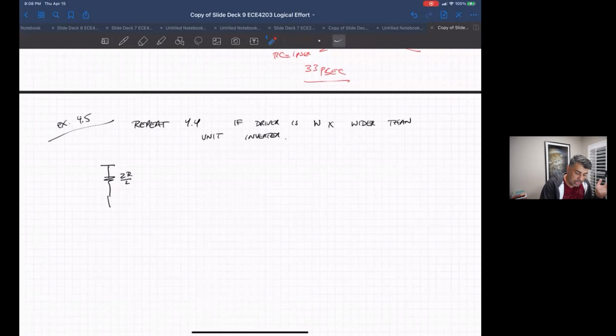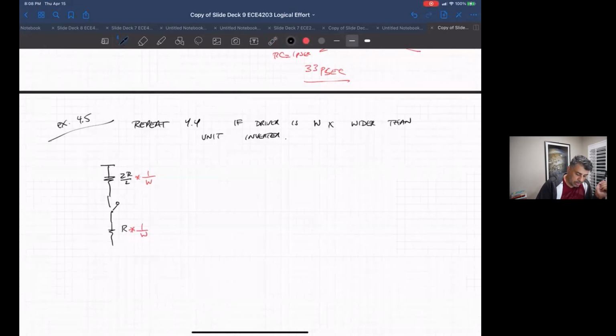So if it's W times wider, we just multiply this by 1 over W. Same thing with the NMOS: it's R, and if it's W times wider, it goes to R over W.